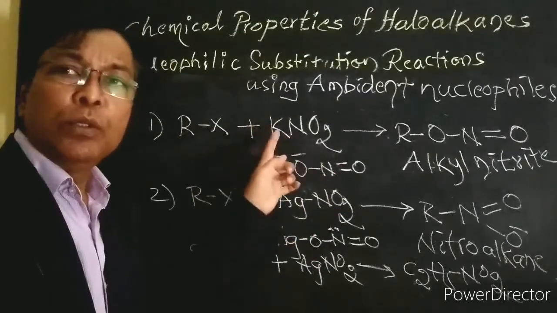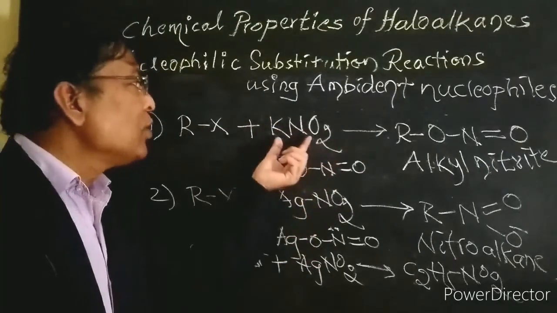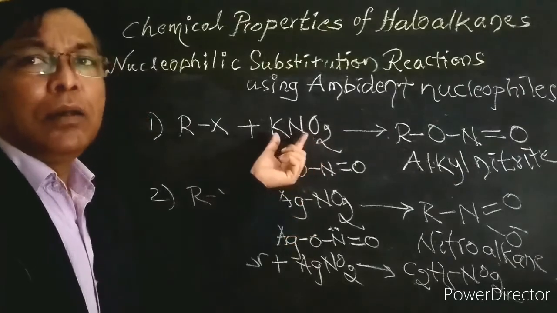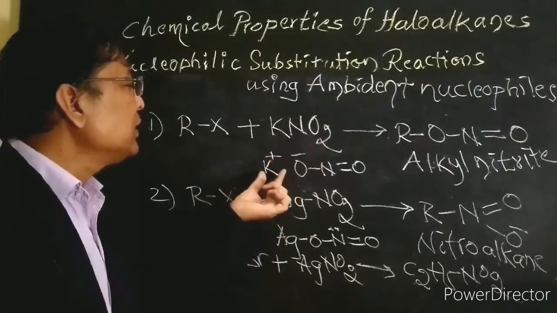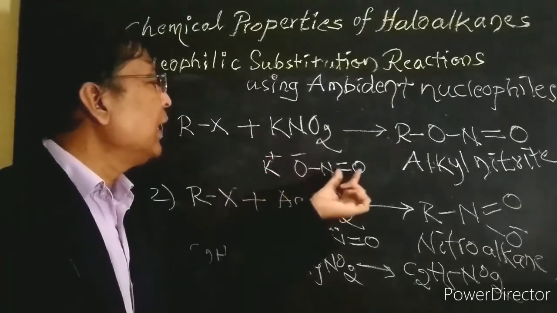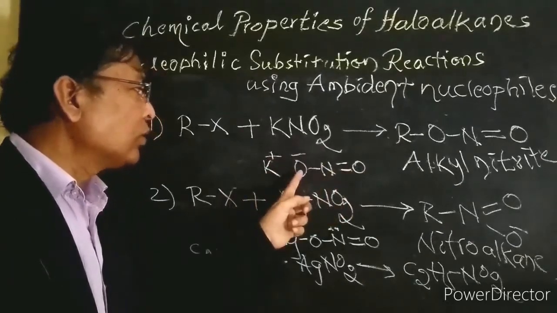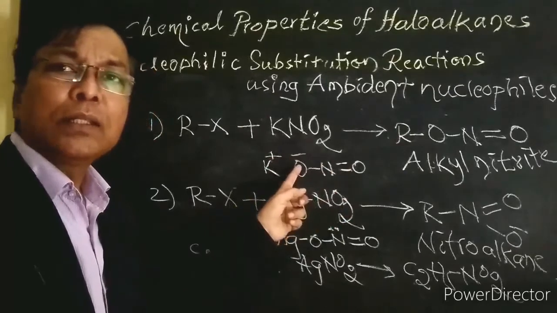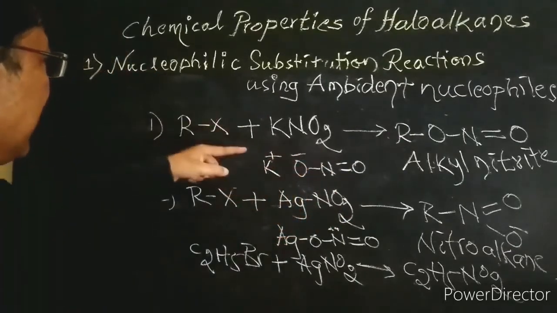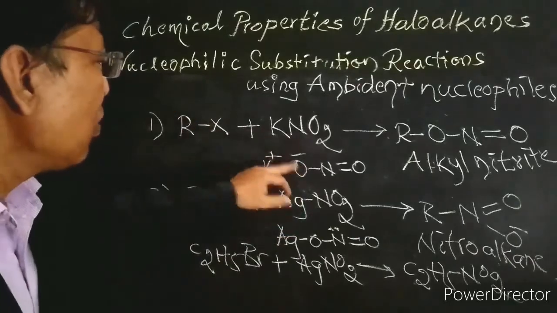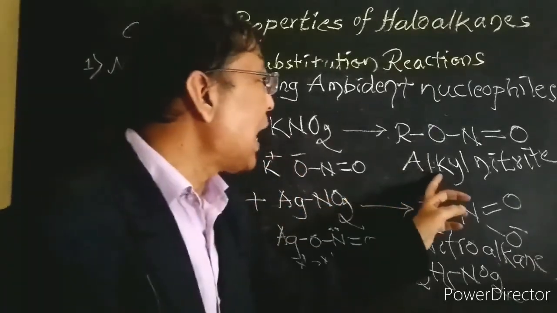If you use KNO2, that is potassium nitrite, as the reagent, KNO2 is an ionic compound, hence it dissociates into K plus and O minus N double bond O. Here oxygen is the nucleophilic center, the electron rich center, so it forms the bond or linkage with alkyl group through oxygen. So we get alkyl nitrites.